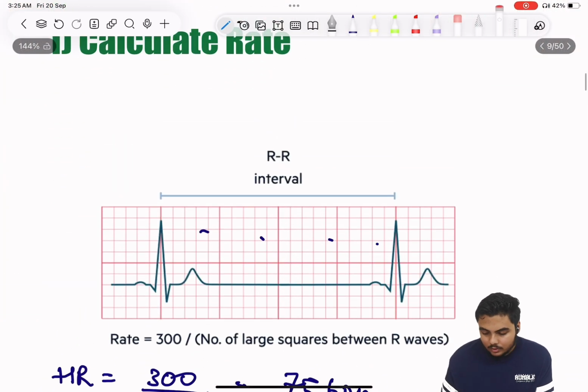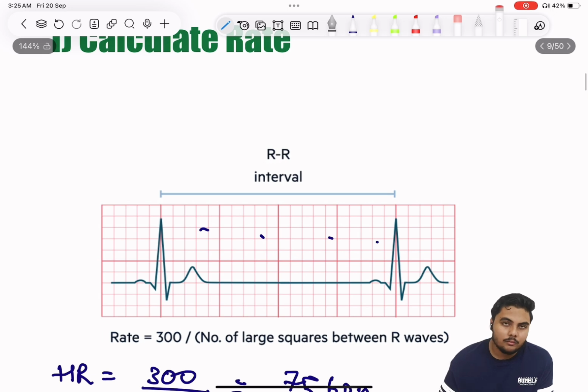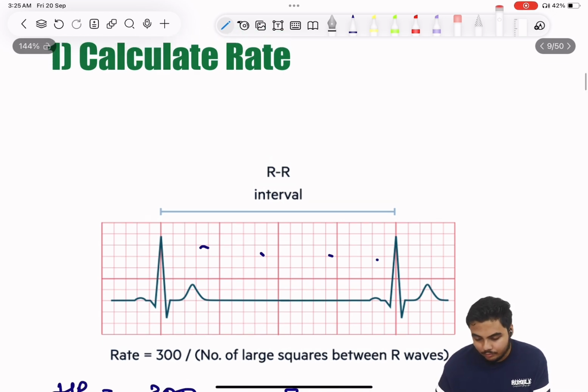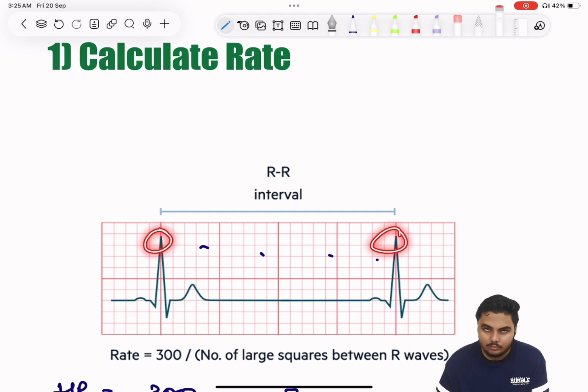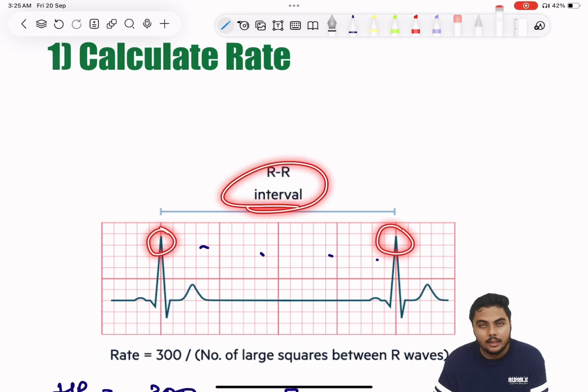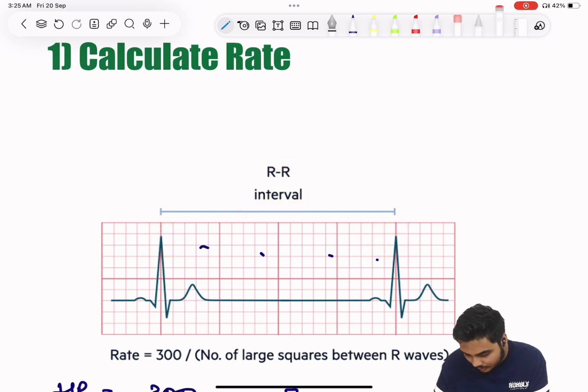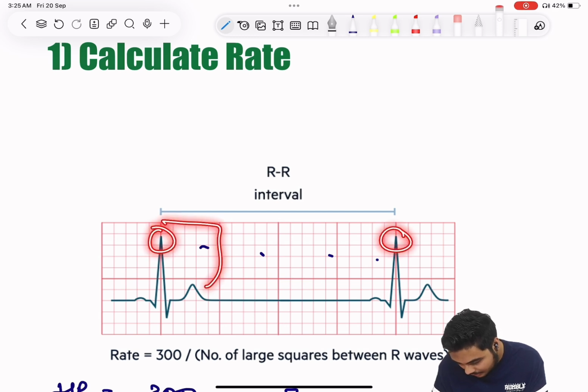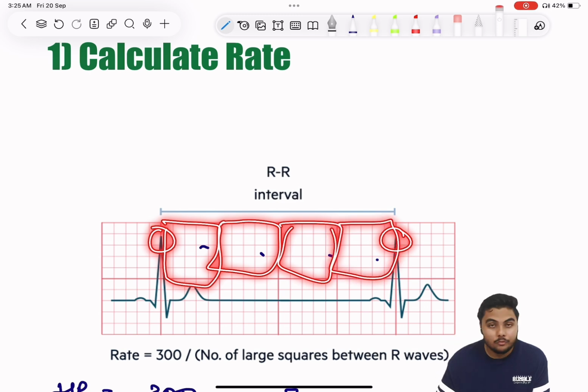For calculating heart rate, we first have to see what the RR interval is, which means the distance between two R waves. The distance between two R waves is called the RR interval, and we have to calculate that. In this example, between this R and this R, we have 1, 2, 3, and 4 large boxes.